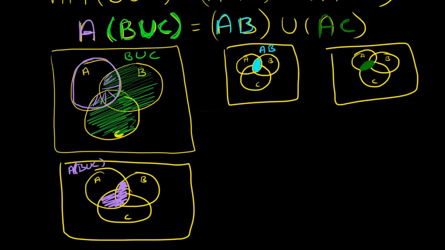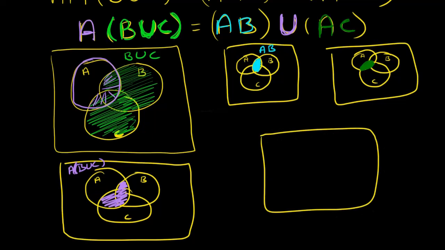Then lastly, we take the union of this blue area and this green area. I just realized I forgot to write AC, so I have AB, and then AC.